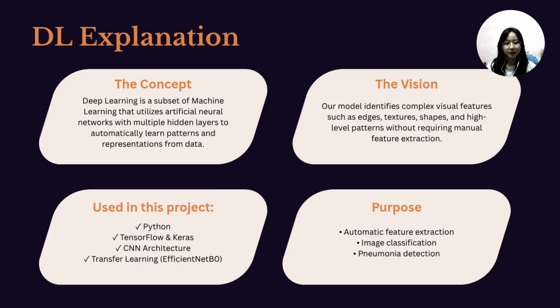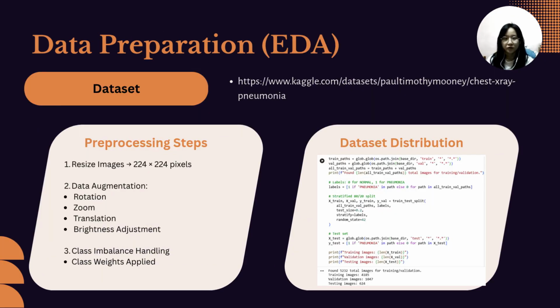Now that we understand the model concept, let's look at how we prepare the data before training. Before training the model, several pre-processing techniques were applied. First, all images were resized to 224 by 224 pixels to match the input requirement of EfficientNet B0.